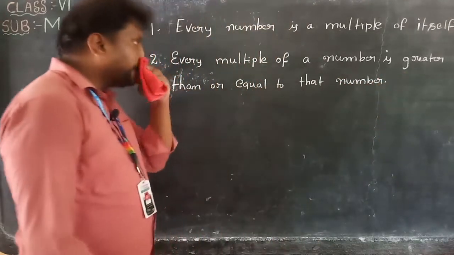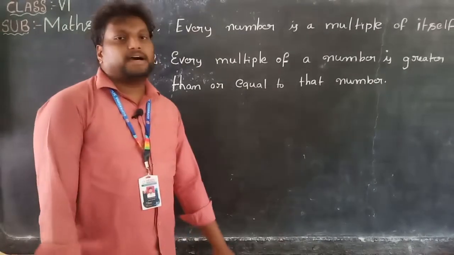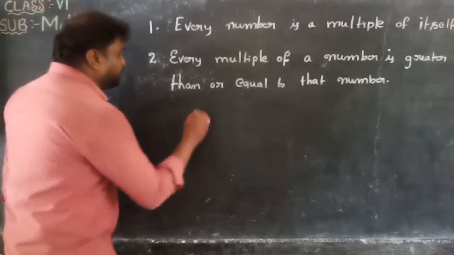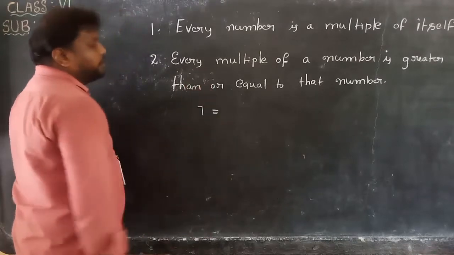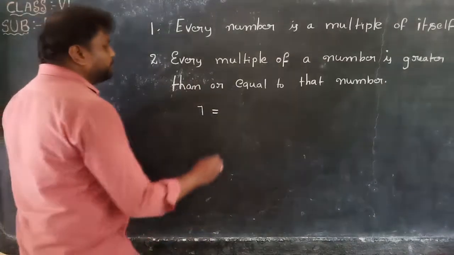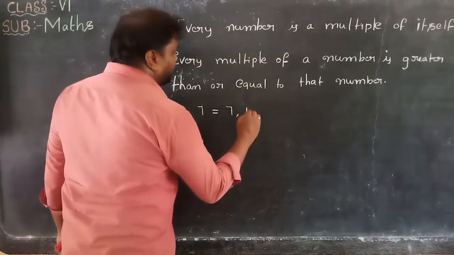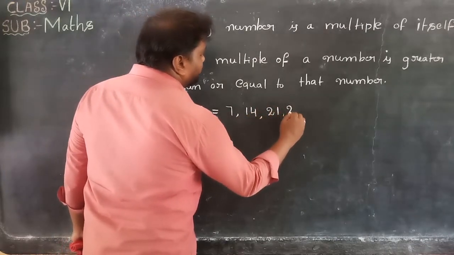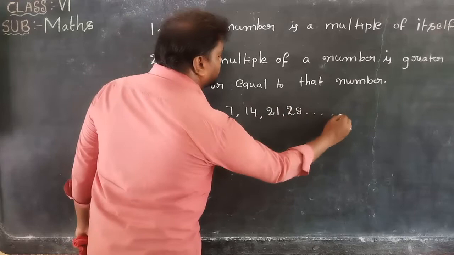See, every multiple of a number is greater than or equal to that number. For example, I am taking the multiples of 7. What are the multiples of 7? 7 ones are 7, 7 twos are 14, 7 threes are 21, 7 fours are 28, and so on.